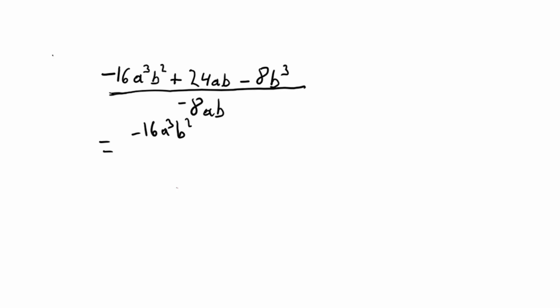Okay, yes, that's what you do first, over negative 8ab, minus. A negative and a negative will give you positive. You write it like that.